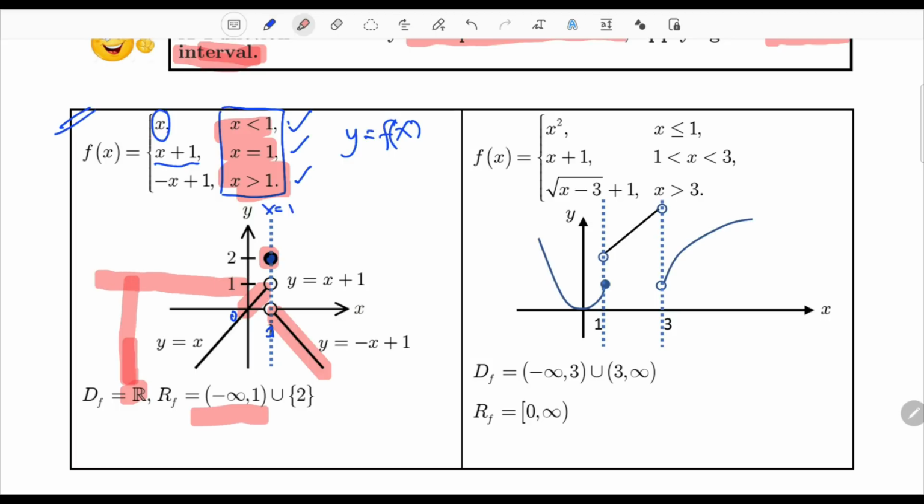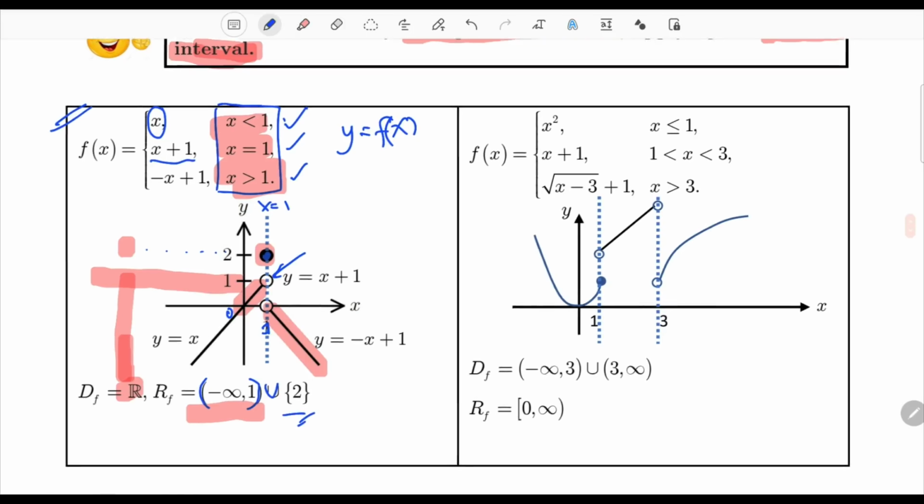But this is an empty circle, so that's why it's an open interval. And then you have to union the element, the value of 2, here only. So that's how you look at the range.